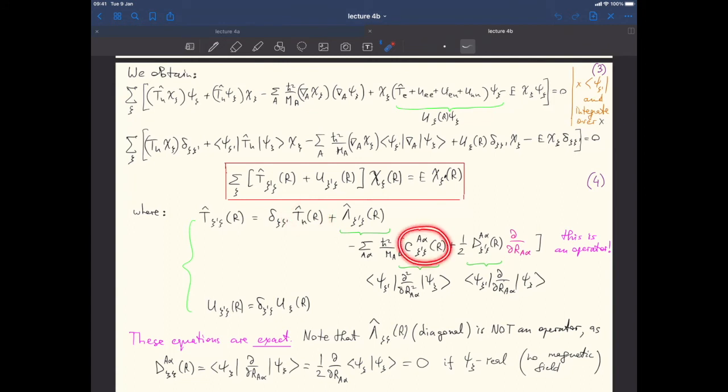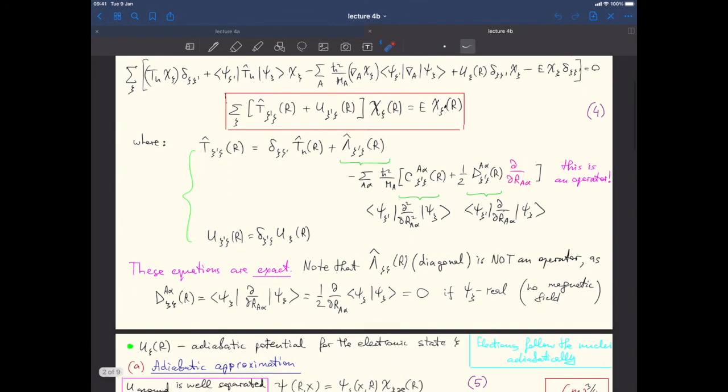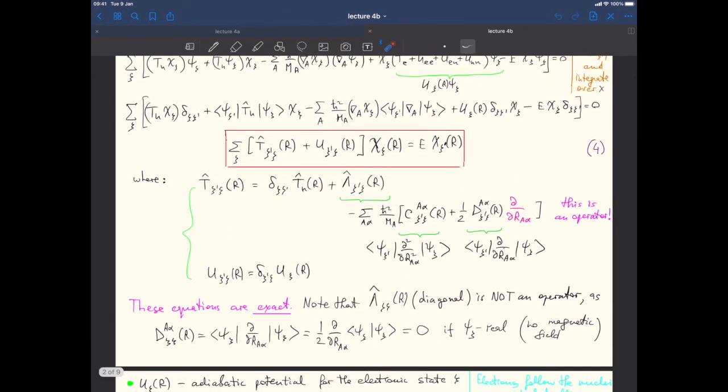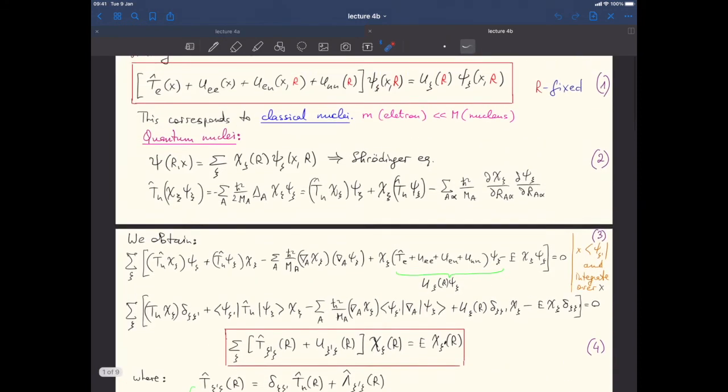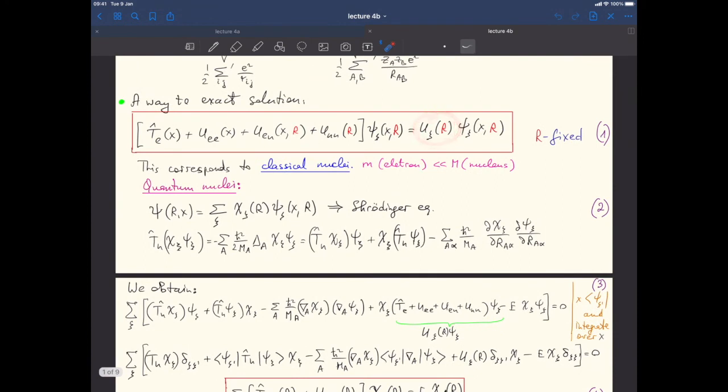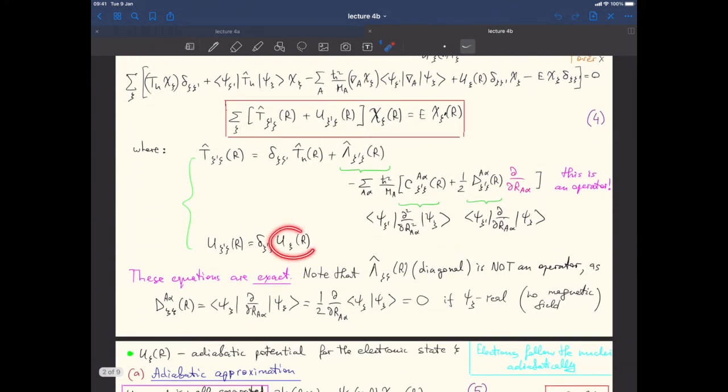And there's also a function, not an operator. And finally, this term here is just a diagonal matrix of eigenvalues of the electron-only equation. So these u's in the electron-only equation appear here for zeta equals zeta prime.